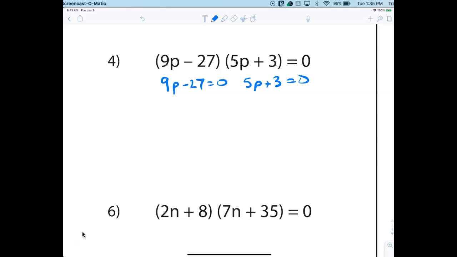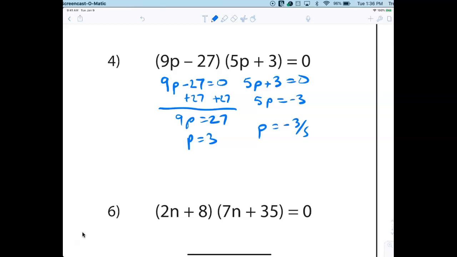So I'm going to add 27. So 9p equals 27, and p equals 3. On the other side, 5p equals negative 3, so p is equal to negative 3/5.